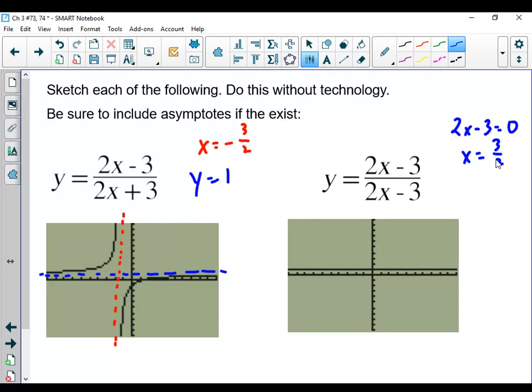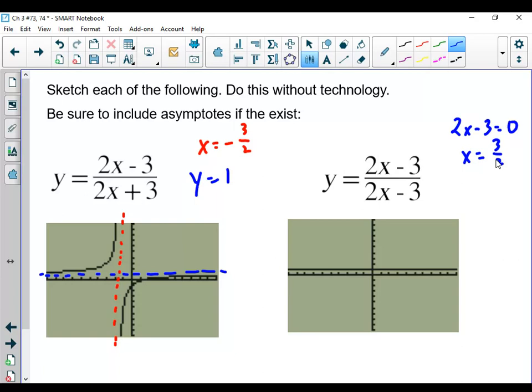Does that mean I should have an asymptote there for this one? No, because it doesn't take on the look of 3 halves. It still looks like y equals 1, but I can't have a value here. So how do I represent on a graph when I don't have a value at a certain point? It's open, good.